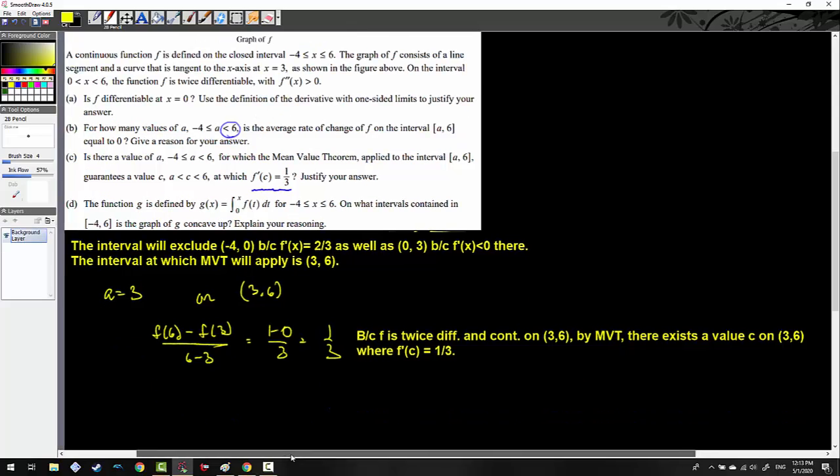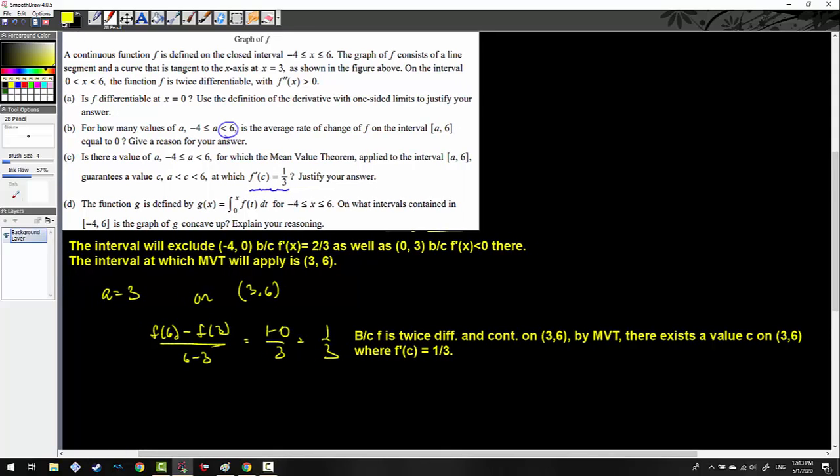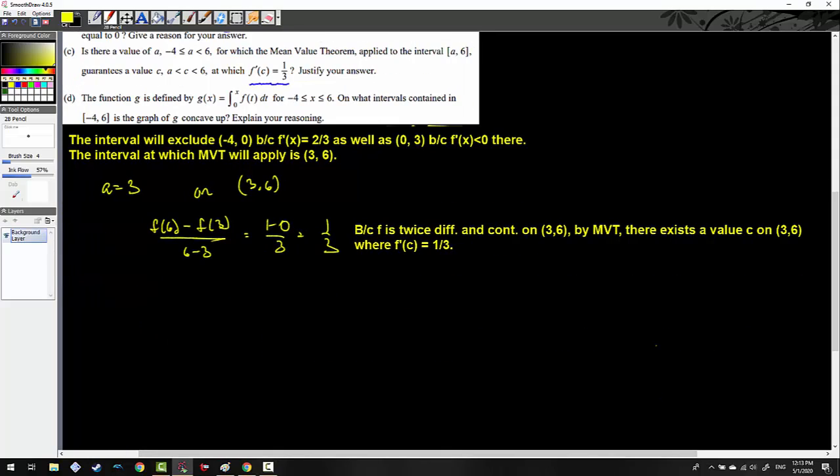All right, part C, that was really odd, but part D is pretty straightforward. It says the function g is defined as g of x is equal to that thing. And they're asking, on -4 to 6, what intervals is the graph concave up? Explain your reasoning. So let's go ahead and find out.